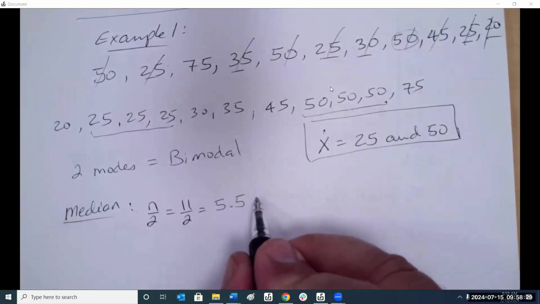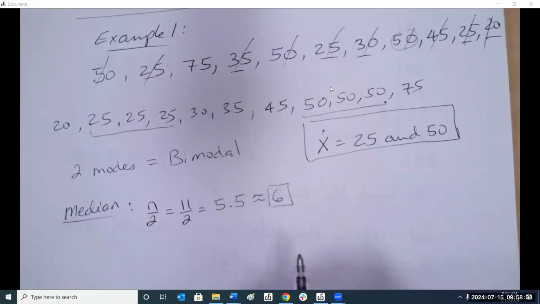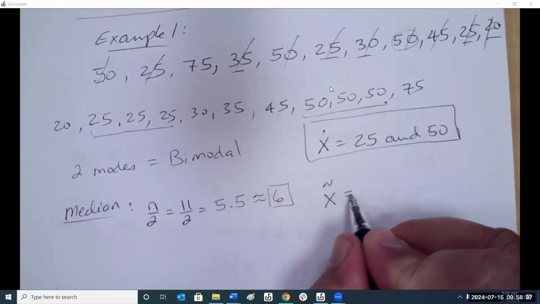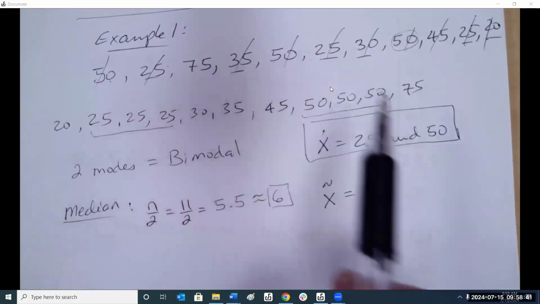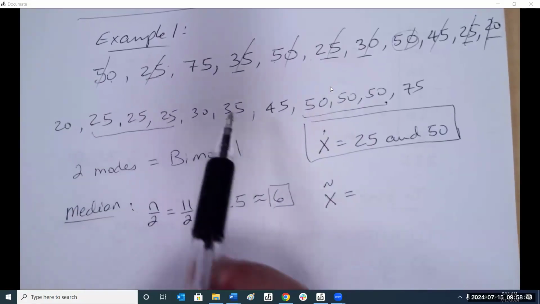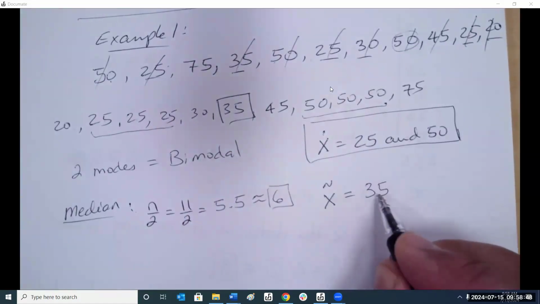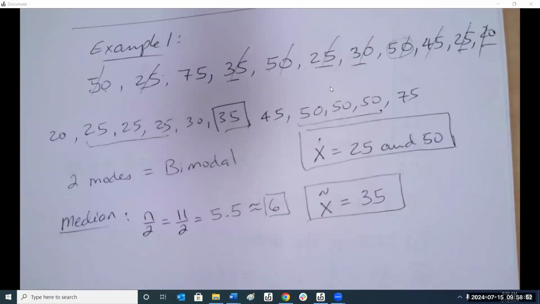What do we do if we have a decimal? Round it up to the 6th location. So the median, x tilde, is the 6th number. 1, 2, 3, 4, 5, 6. The number is 35. It's the 6th number in our data set once it's arranged.